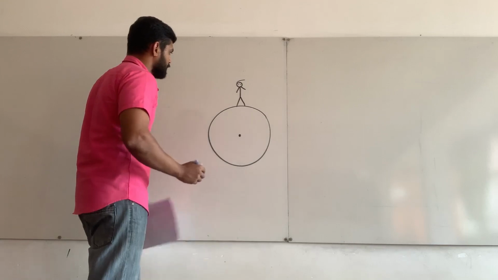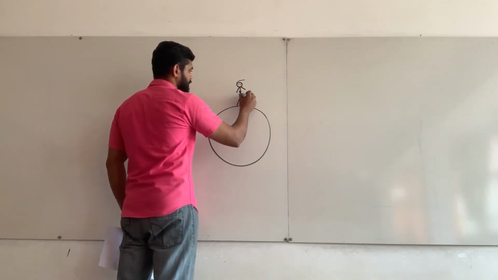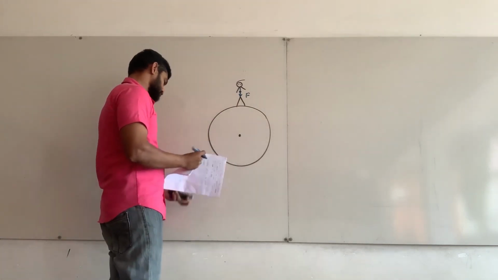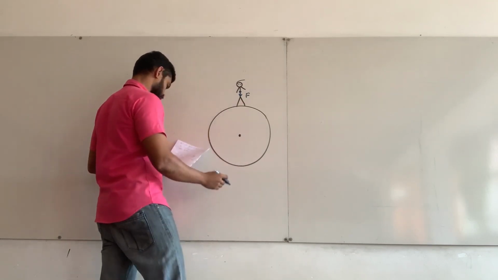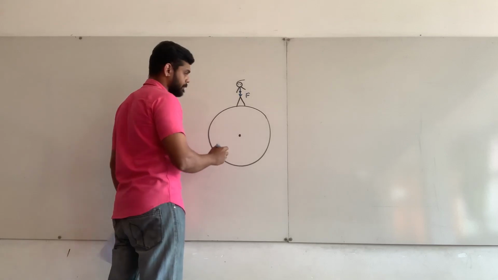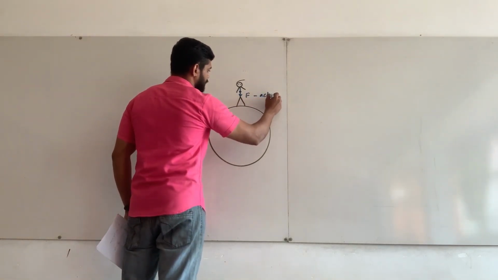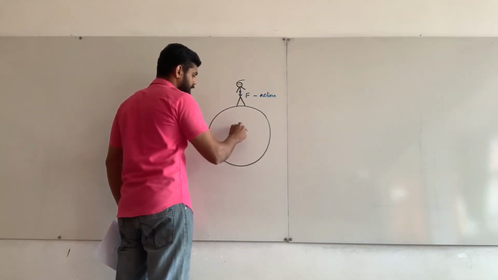Okay. So the gravitational force on the child is downwards. That gravitational force acts on the child. So the Earth pulls this child downwards. That is, let's say, the action. And this child pulls the Earth upward.